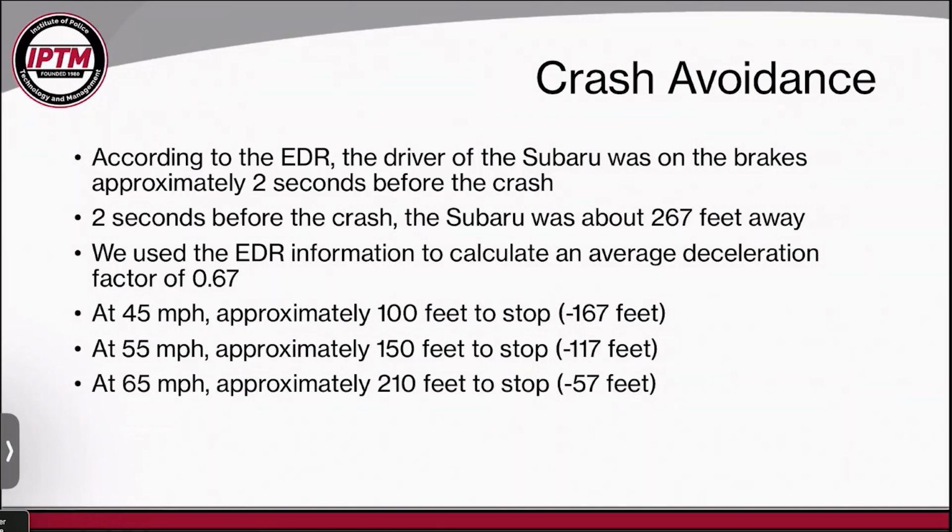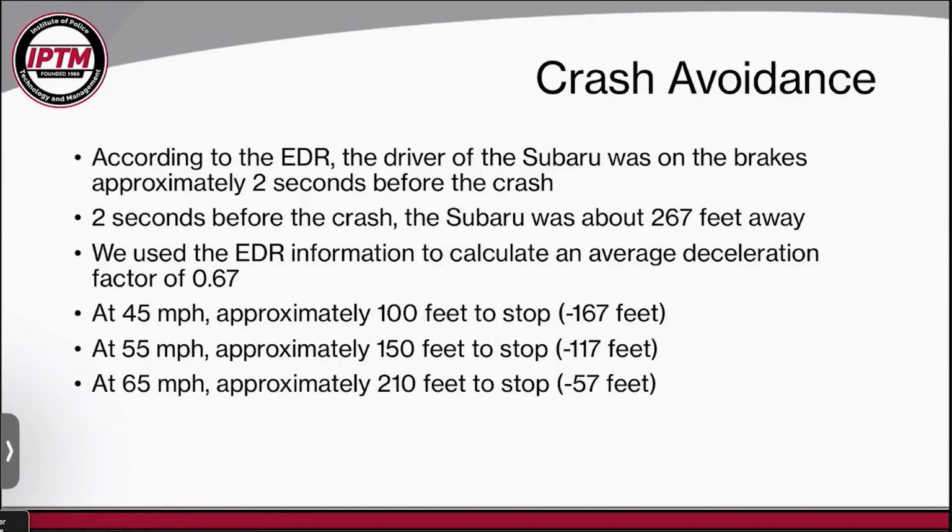Now, when we look at crash avoidance, we're looking at a slightly different aspect of the reconstruction, and it's, well, what did the driver of the Subaru do? We have to be careful with what we change and when we do these what if scenarios, because anyone who's been doing this long enough knows that if we change any one thing, the crash doesn't tend to happen, because that's the way life works, right?